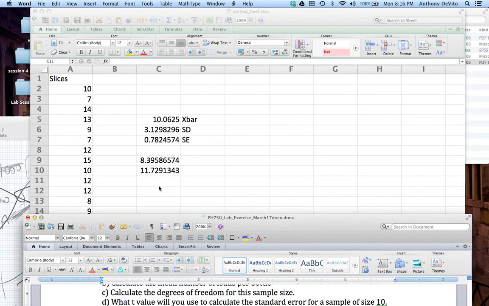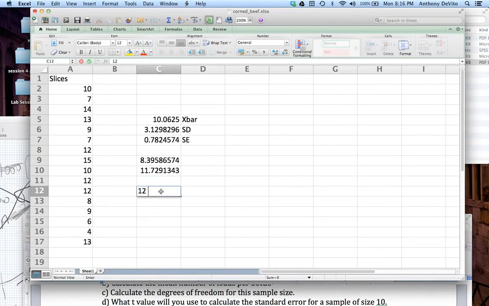What is Boston? Boston is 12 slices, right? And New York, do we know what the true mean is in New York? No, we don't. Our best guess is that the true mean is somewhere between 8.4 and 11.7. So we're 95% sure it's in that range.